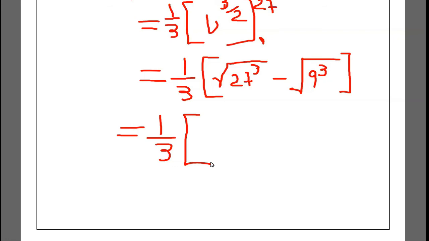The square root of 27 cubed minus the square root of 9 cubed.